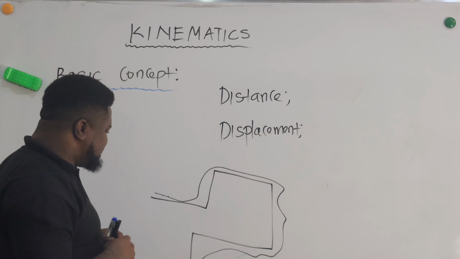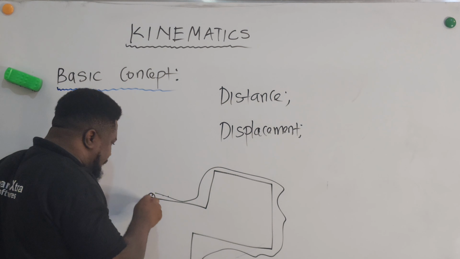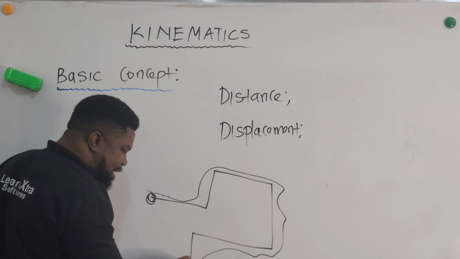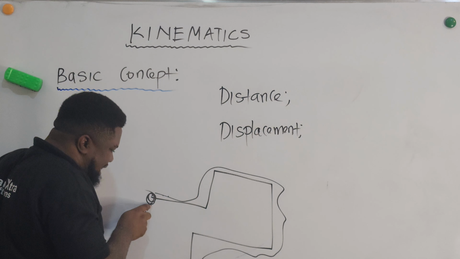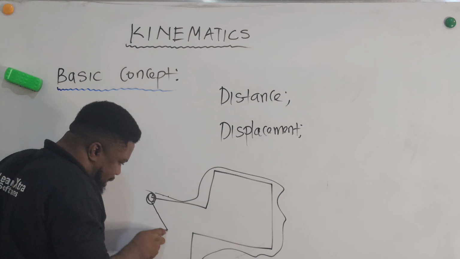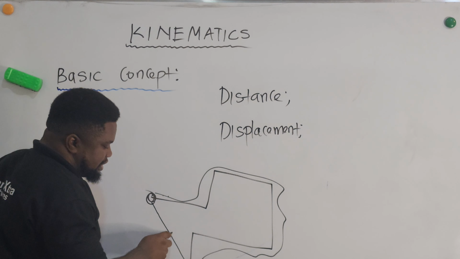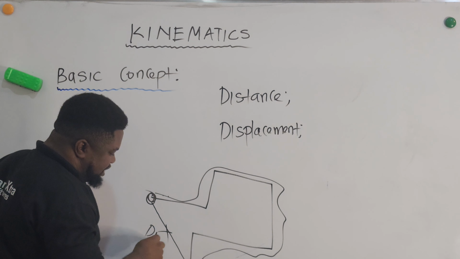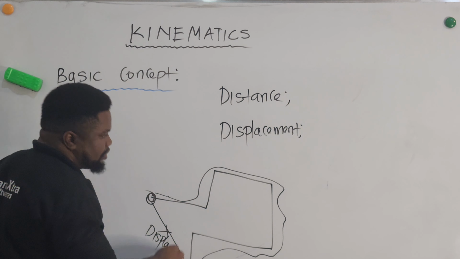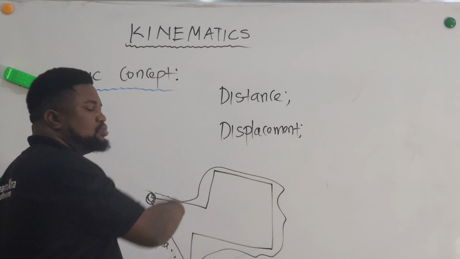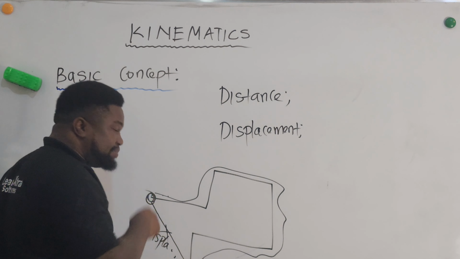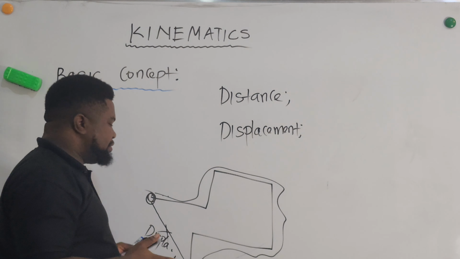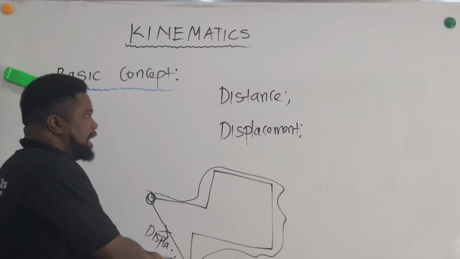But displacement is the initial point and the final point, the shortest length from my initial to my final. That is my displacement. Distance is total length traveled. Displacement, shortest distance between the initial and the final.